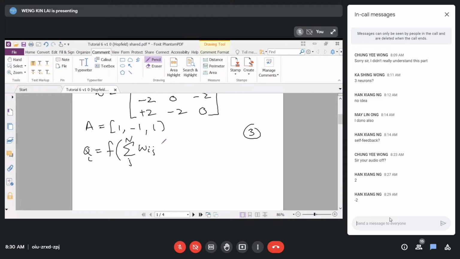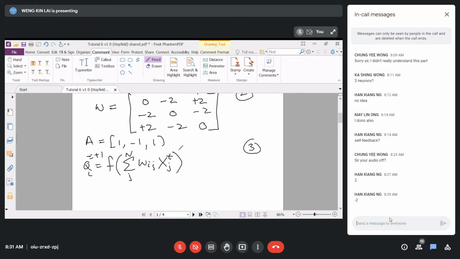This, let's call this X, J. I hope I got this correct. So this was basically at T plus 1, and this is actually T. So now you can see it is dependent on the now. So this one will be the new outputs based on the previous inputs.